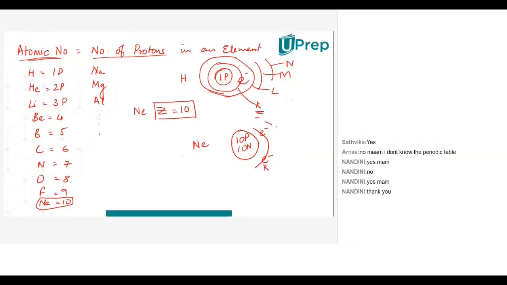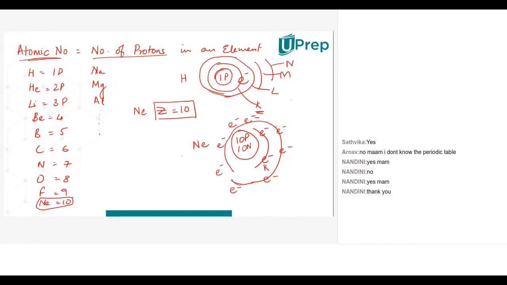Then around the K shell, I have the L shell. It has 8 electrons. 1, 2, 3, 4, 5, 6, 7, 8. So now let me just count the number of electrons. 1, 2, 3, 4, 5, 6, 7, 8.